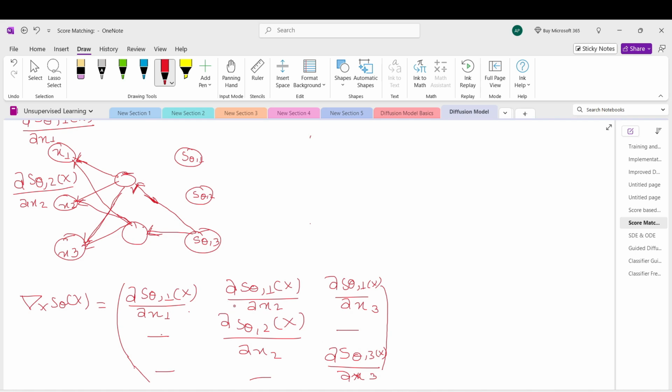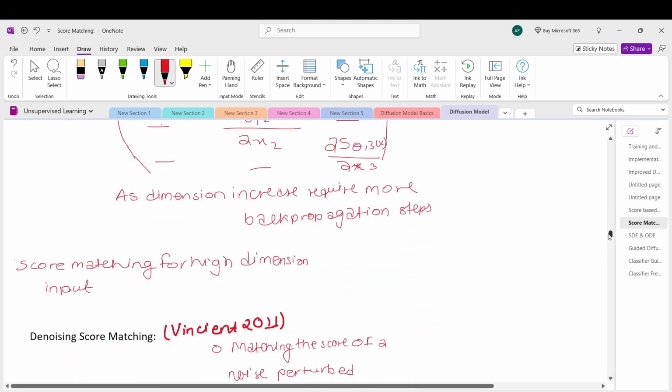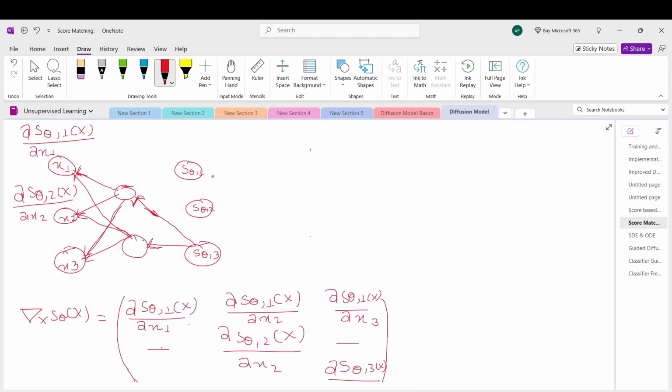The elements of the matrix are partial derivatives. So how do we compute this quantity? First of all, let's consider the example that I have written.